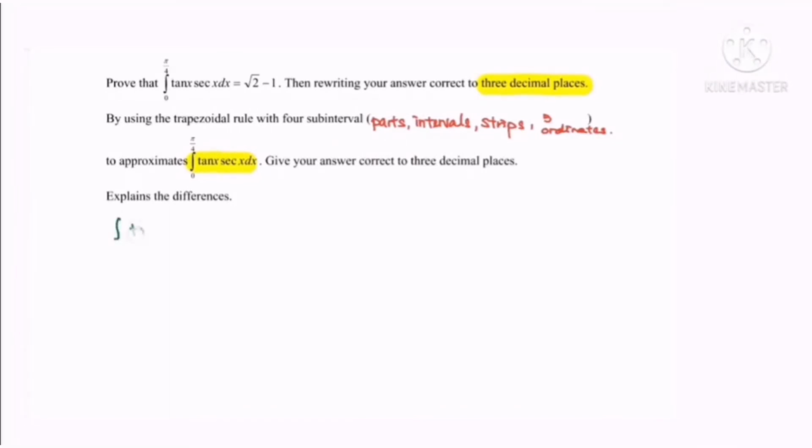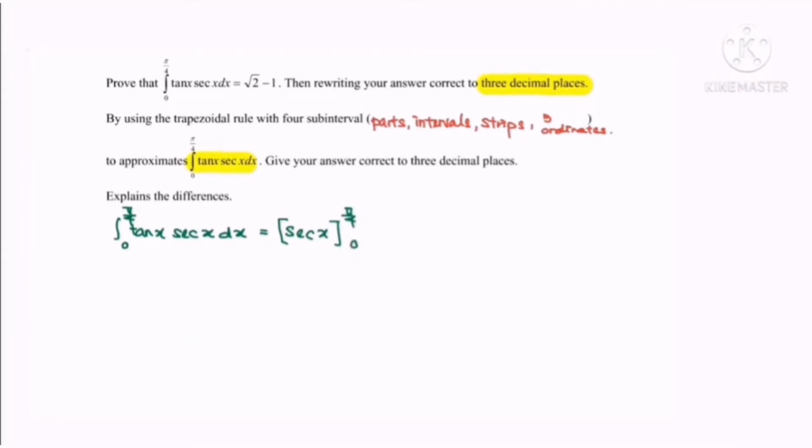Integrate tangent x secant x with respect to x for the limit 0 until pi over 4. So meaning that we have to refer to the technique of integration. For this question, it is a direct method. Whenever you integrate tangent x secant x, we will have secant x as the answer for the limit 0 until pi over 4.